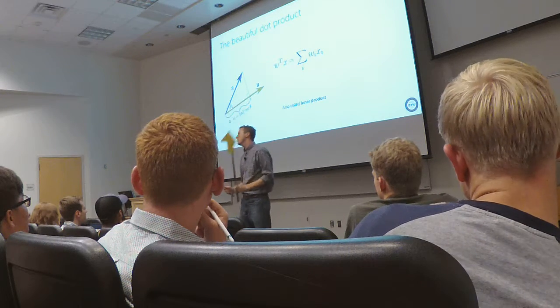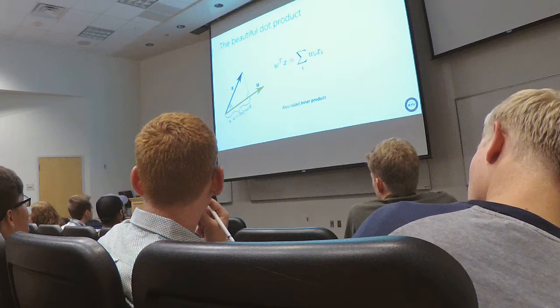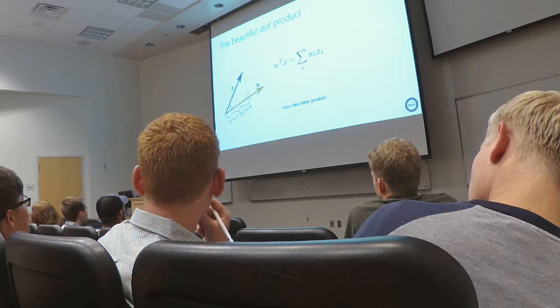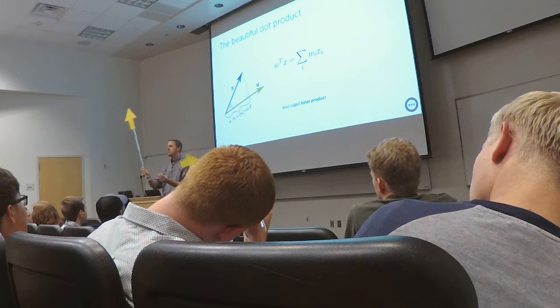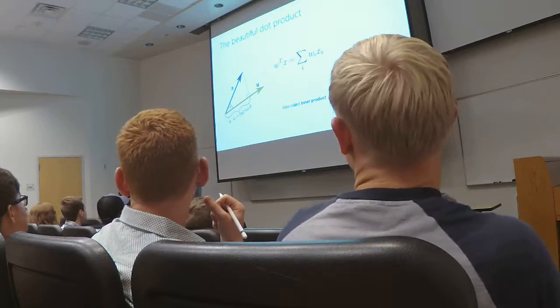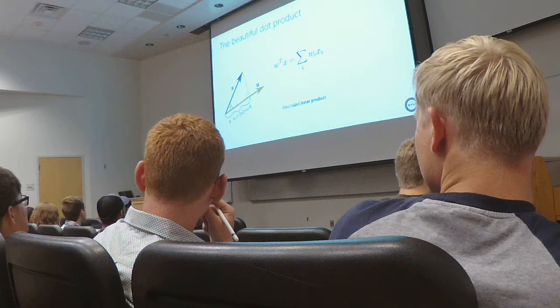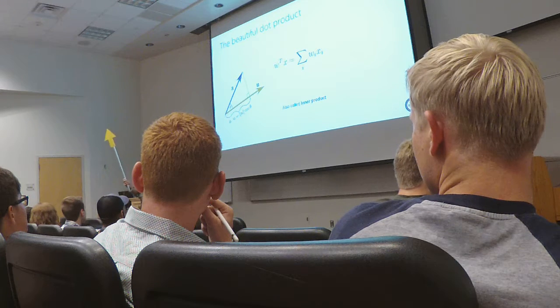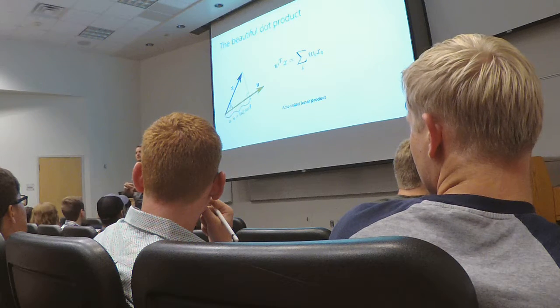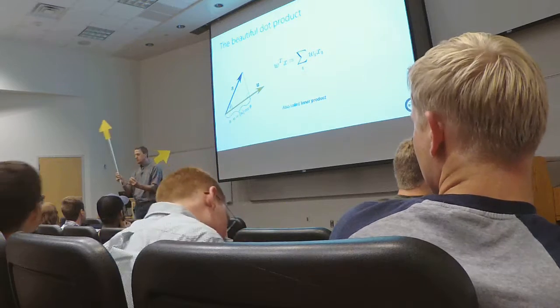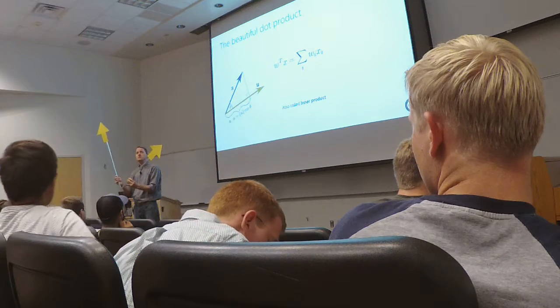So here's the point that I want to make with this. There's only one way to get a cosine of 1, but there's an infinite number of ways to get a cosine of 0. And a lot of machine learning, and deep learning in particular, is based around the intuition that the dot product between two vectors can be thought of as a similarity metric. So the cosine of the angle between them tells us how similar the vectors are.